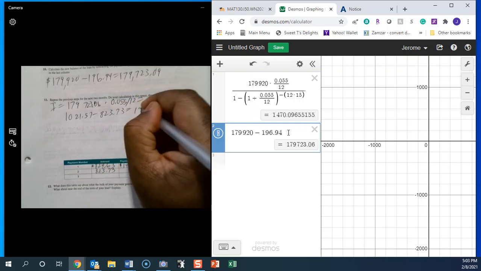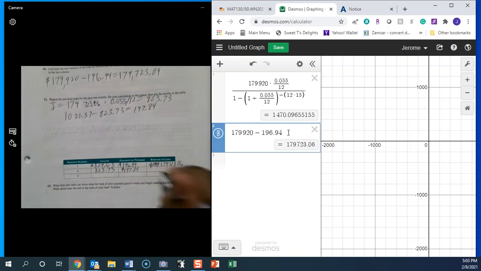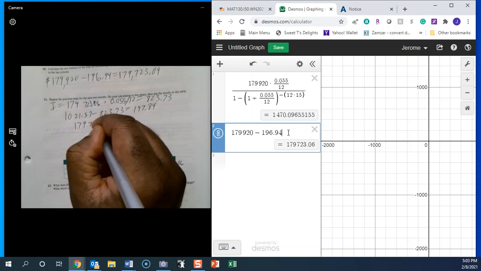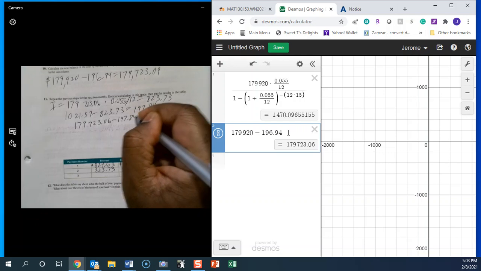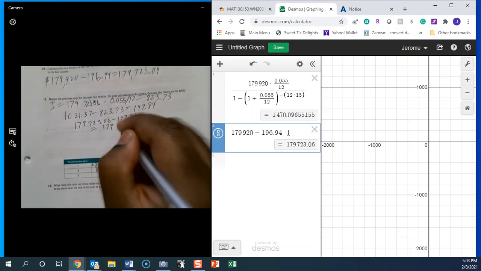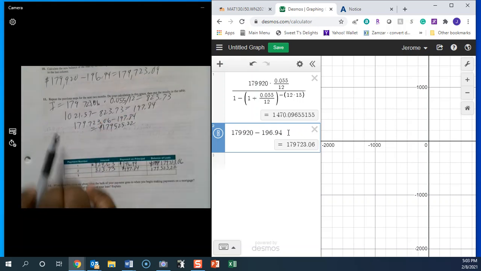And that would give us $197.84. Then our new balance would be $179,525.22, which I'll put here. So that would give us our new balance, $179,525.22. Now this was the second month.